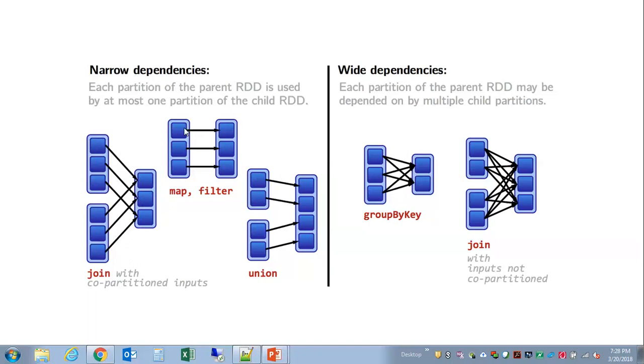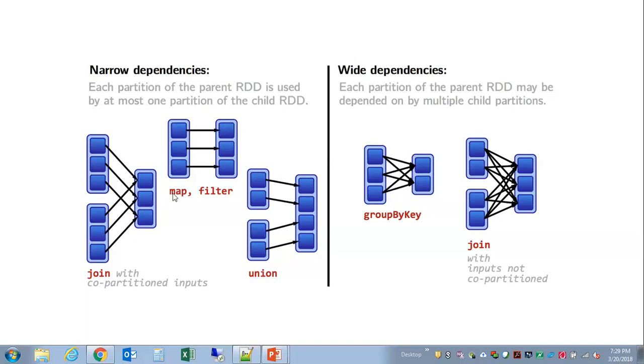Here, each partition transforms into itself. So this is when you do operations like map and filter. The data in each partition is transformed and stored in a partition on the same node. So there is nothing being shuffled across the network.